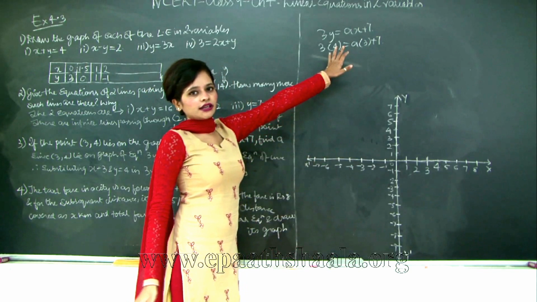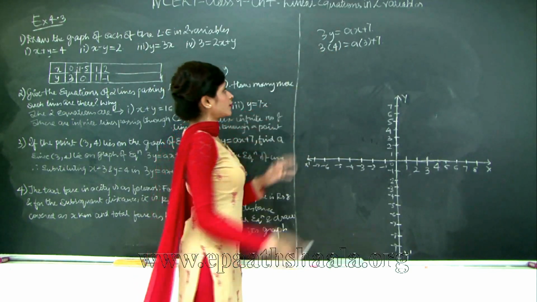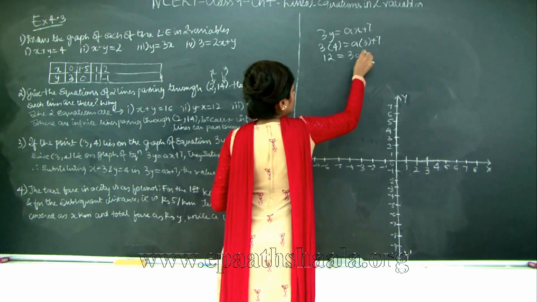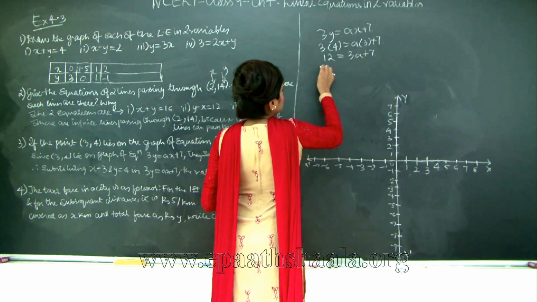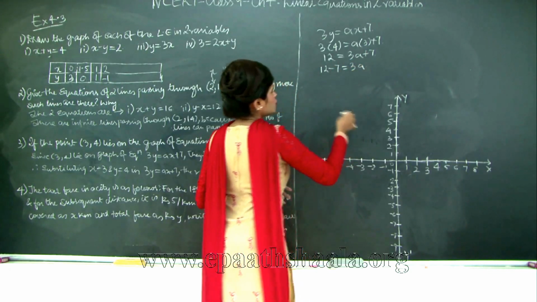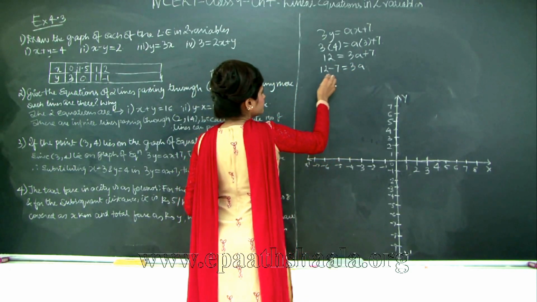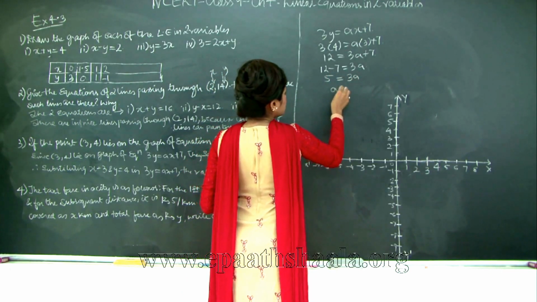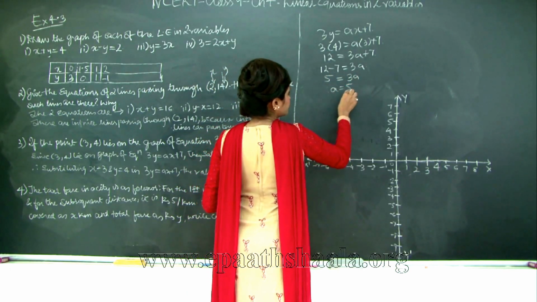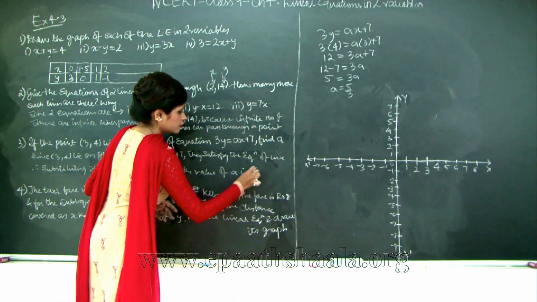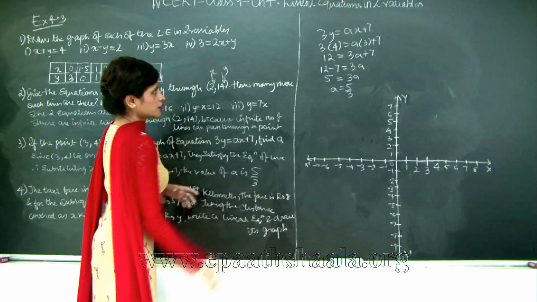This is 12 is equal to 3a plus 7. Therefore 12 minus 7 is equal to 3a. So 12 minus 7 is 5 is equal to 3a. Therefore a is equal to 5 upon 3. Simple. So the value is 5 upon 3.